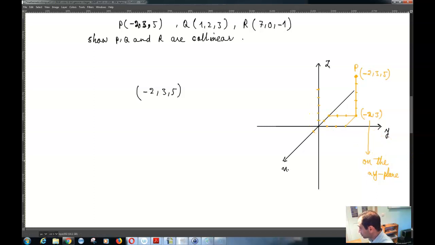Now with the same logic, you can plot other points that you have, for example, your point Q, which is (1, 2, 3).